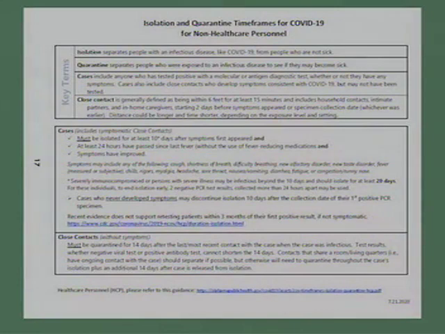Isolation refers to where you separate a person with an infectious disease like COVID-19 from people who are not sick, okay? That is considered isolation. For quarantine, that's where you separate people who were exposed to an infectious disease to see if they may become sick.